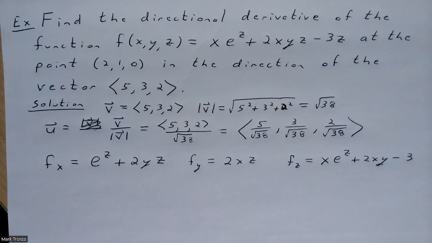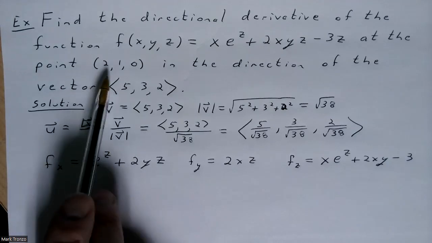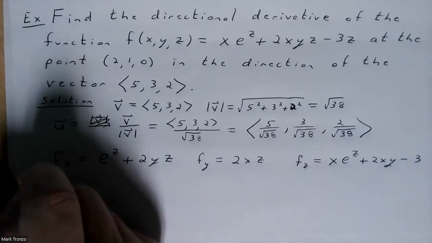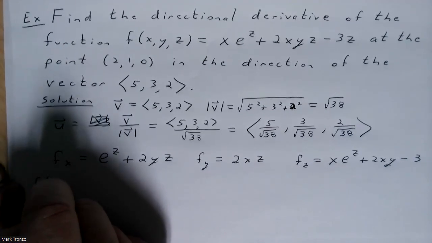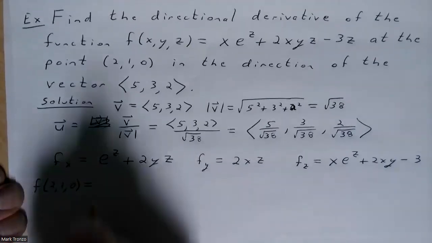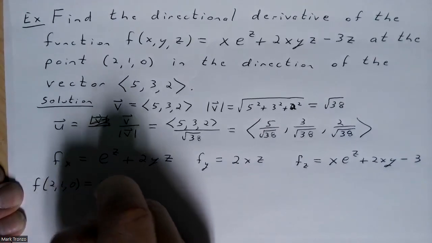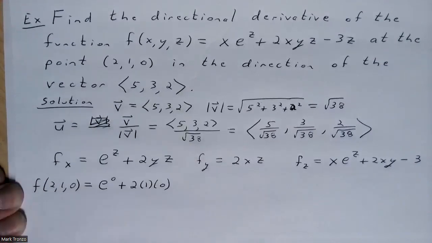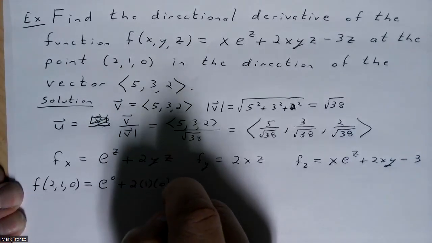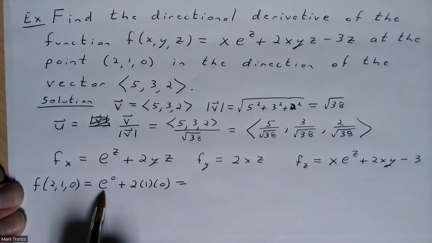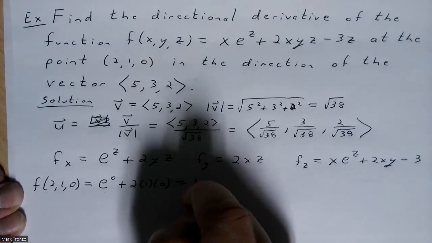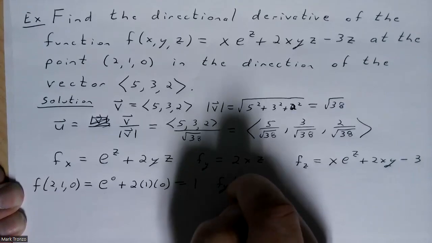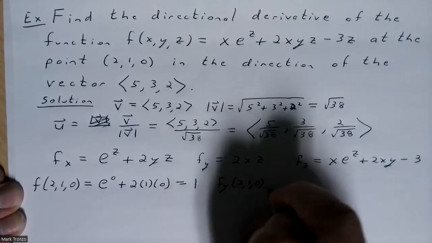Now we might as well go ahead and find the values at the point given of each of these. So let's evaluate this. So we want to find the directional derivative at this point. So put those values in, e to the 0 plus 2, 1 times 0. That's actually going to end up giving us 1 plus 0. It's just going to be 1. Fy at 2, 1, 0.